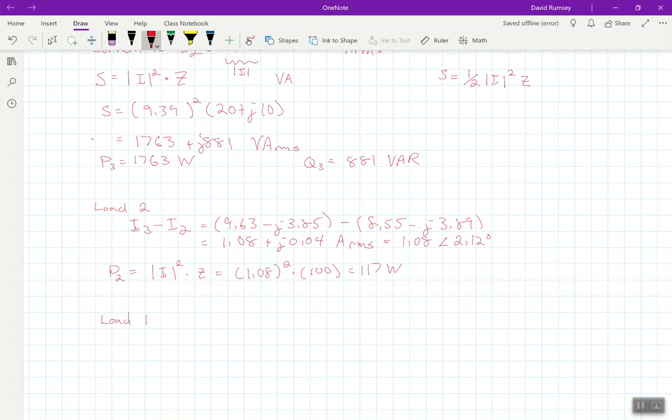Now for load 1, we're going to do the same thing here. I'm just going to skip a tiny bit of the work as the video is getting quite long. The current through this would be simply I1 minus I2. And so the power through load 1 is the magnitude of I1 minus I2 squared.